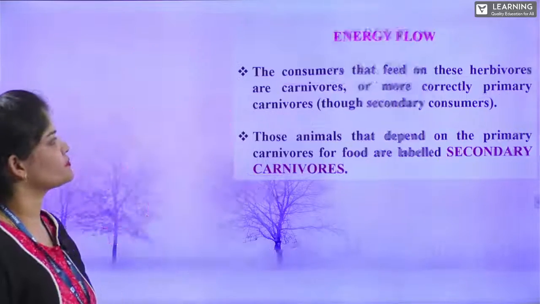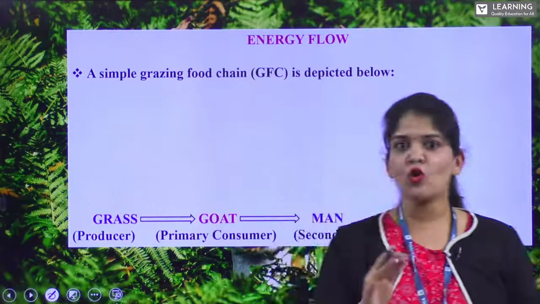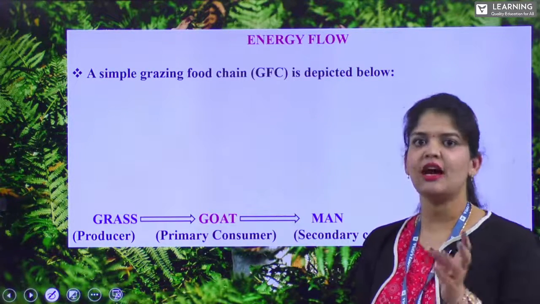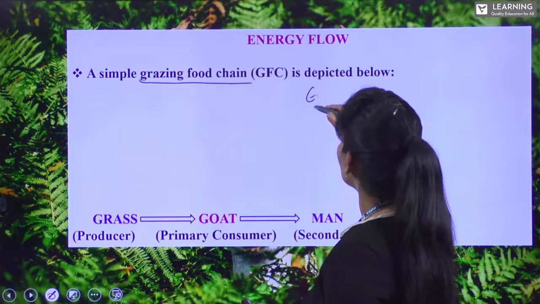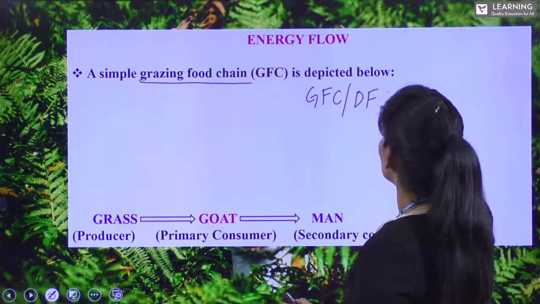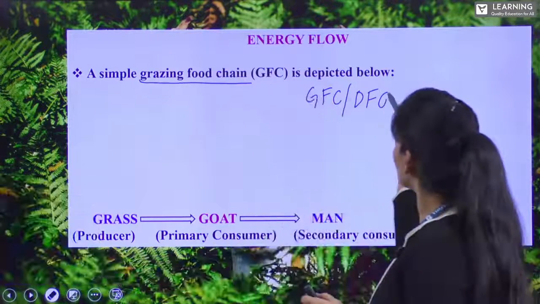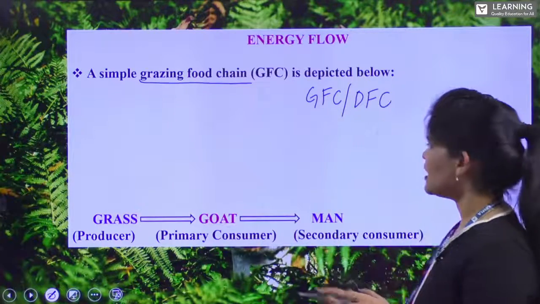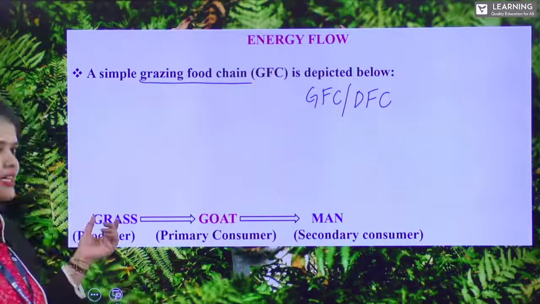Now, as we already said, the energy flows in such a way that it will be either a grazing food chain or a detritus food chain. Okay. So this is a simple flow where we can see grass, plants.